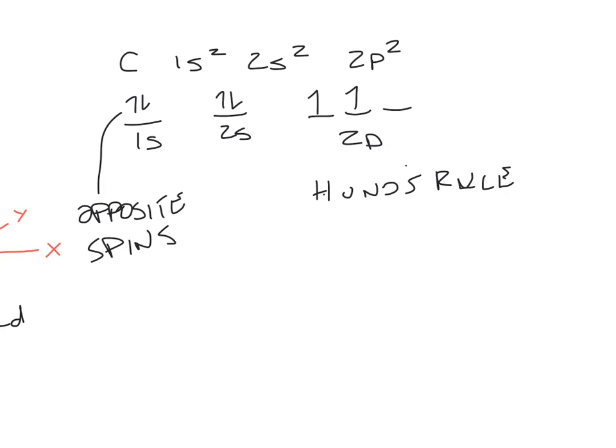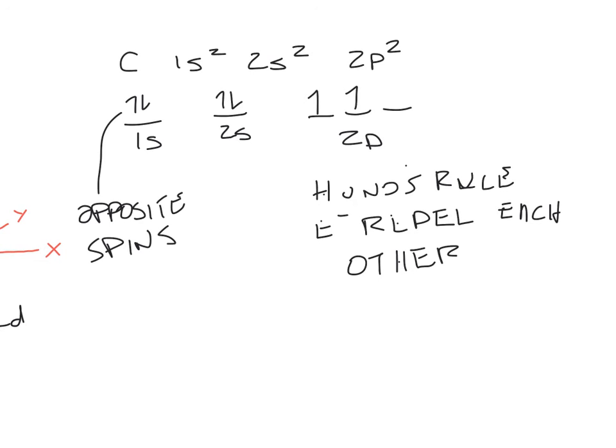And it exists because electrons repel each other. So if they aren't forced to be in the same orbital, then we don't put them there.